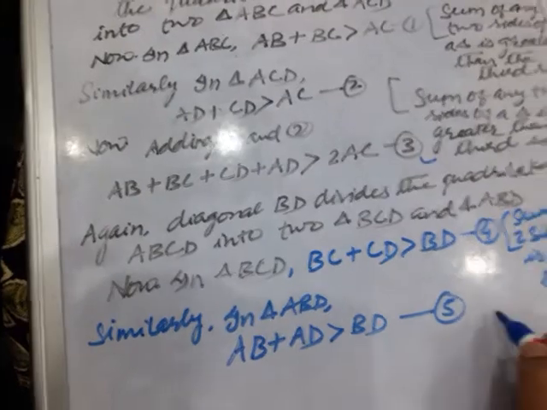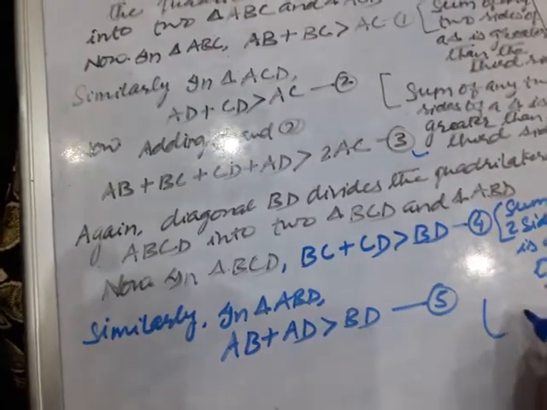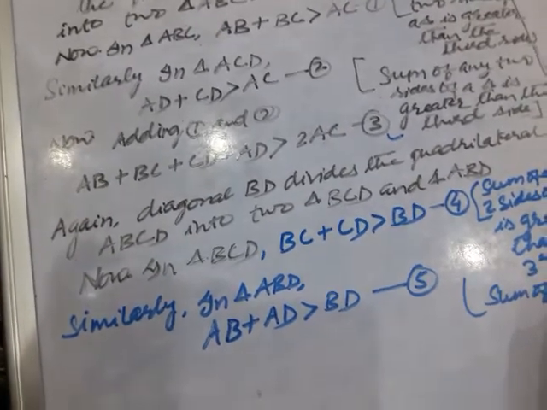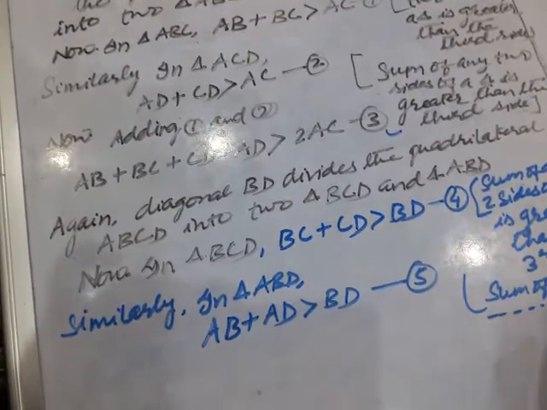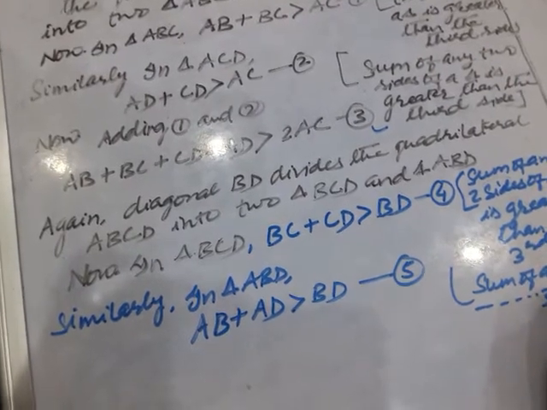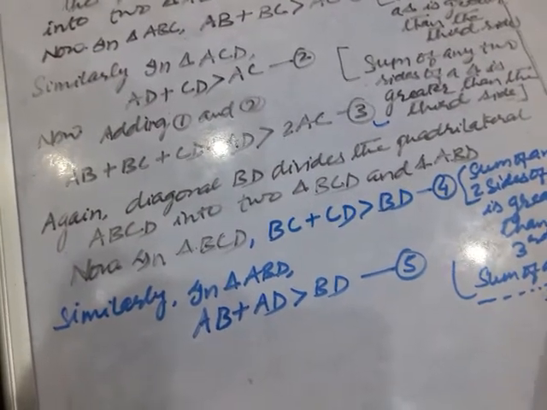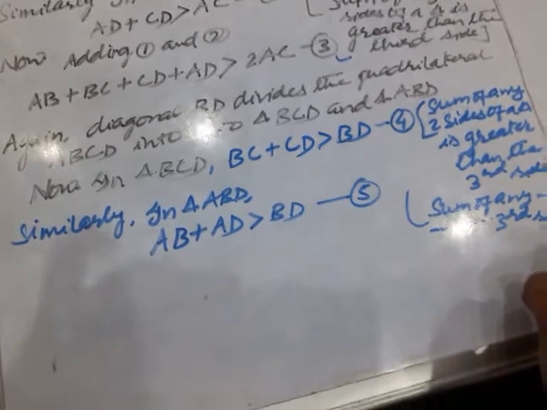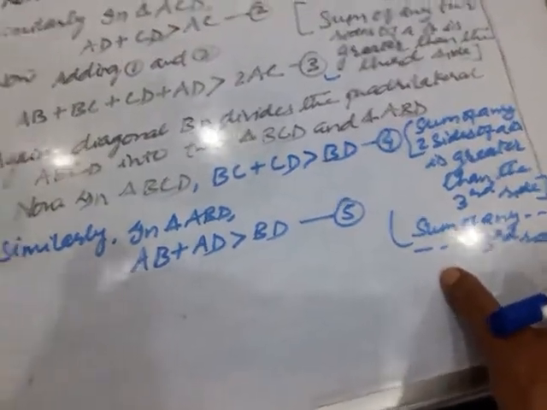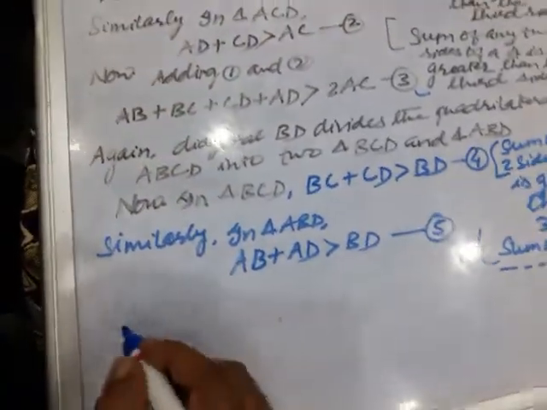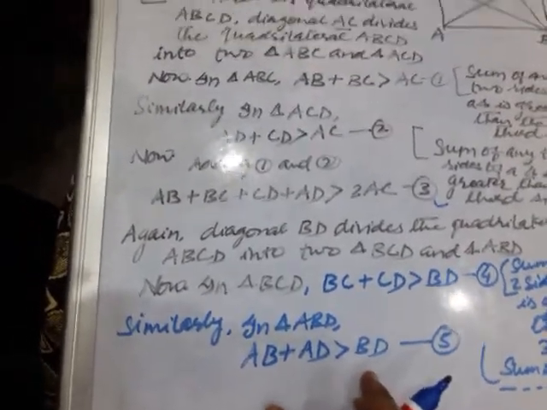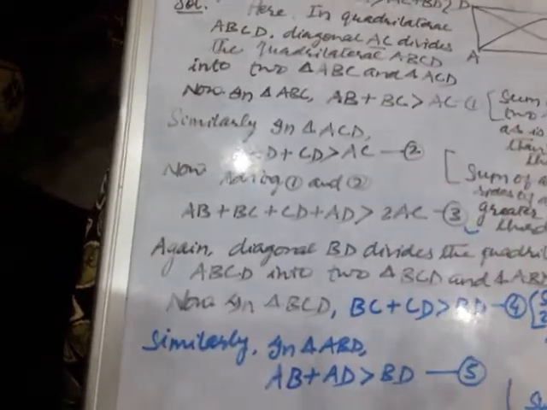What is the property? The sum of any two sides of a triangle is greater than the third side. Okay children, you can mug up the property, clear, for further reference. Sum of any two sides of a triangle is greater than the third side. Okay children, now once again verify, AB plus AD is greater than BD.